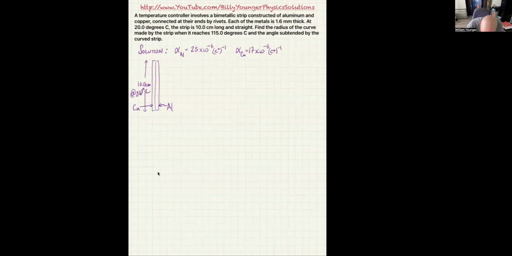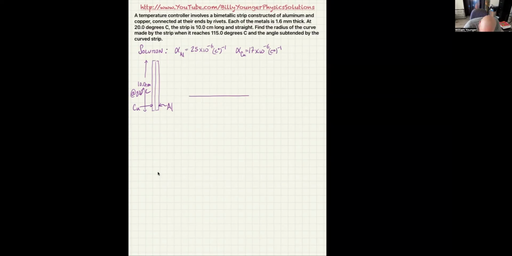Now, what we plan on doing is increasing it to 115 degrees Celsius, at which time the aluminum will get quite a bit longer while the copper will not get quite as long.